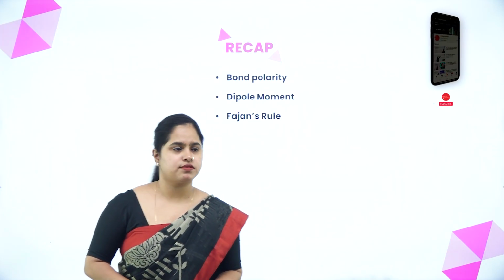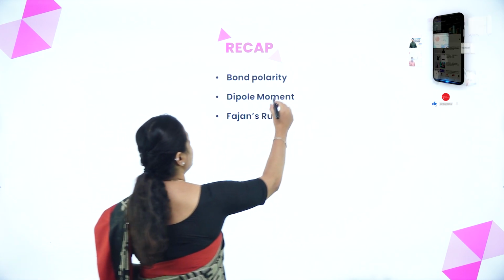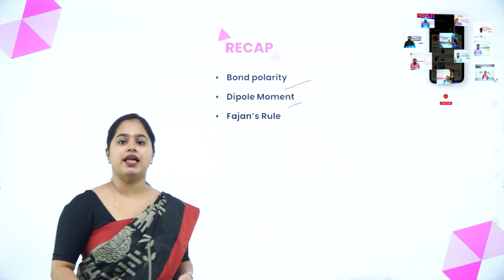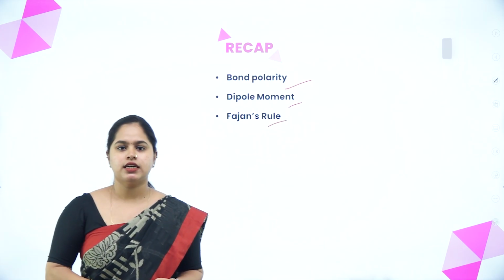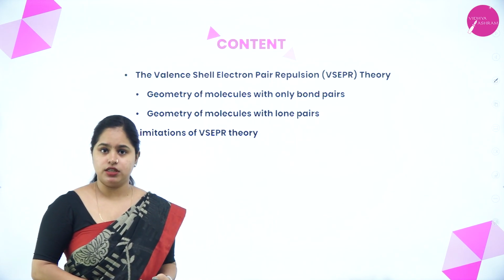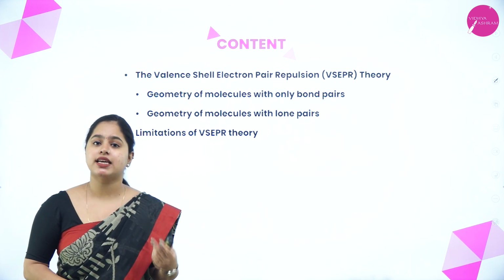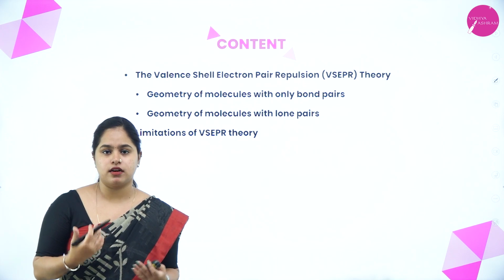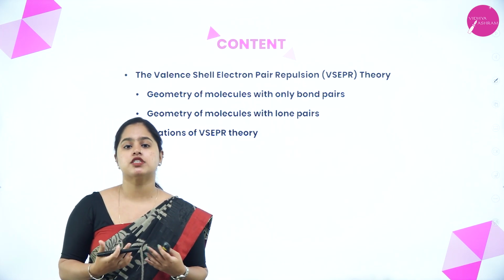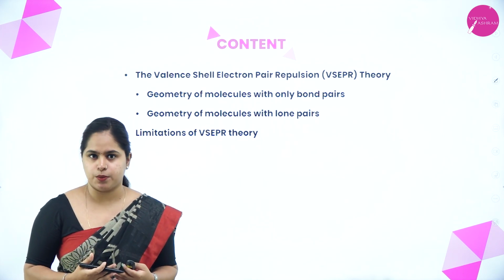In the last session, we discussed bond polarity, dipole moment, and then in detail Fajan's rules. In this session, we will be discussing the next theory. The first theory that we studied, the approach towards chemical bonding, was the Kossel-Lewis approach.